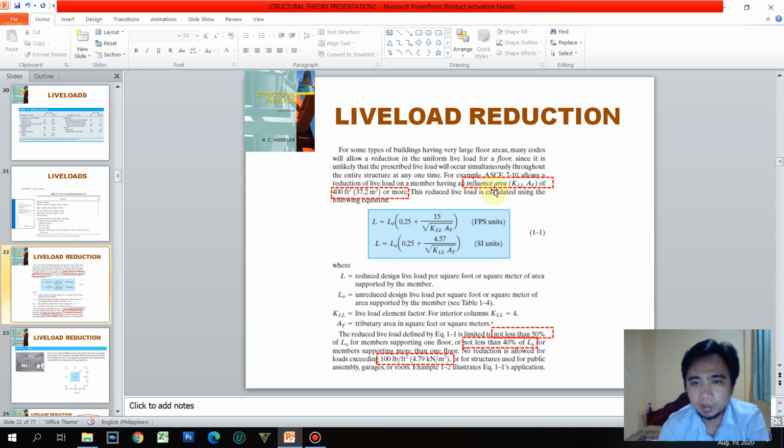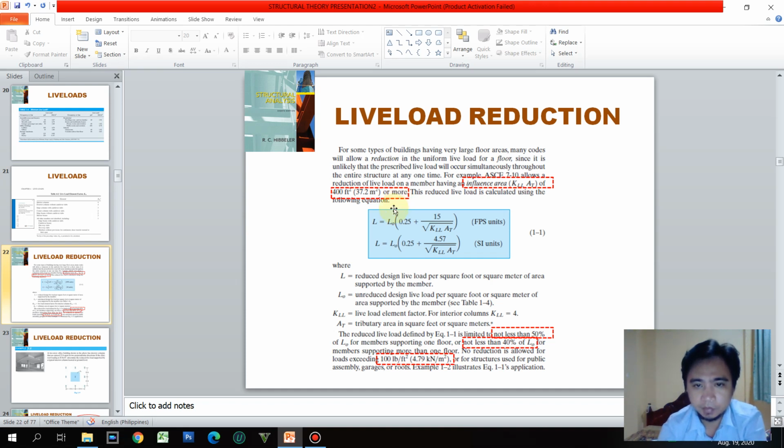However, the limit is KLL times the tributary area; the limit should be 400 square foot or 37.2 square meter or more. For a value lower than this limit, we cannot reduce, or the live load reduction is restricted.